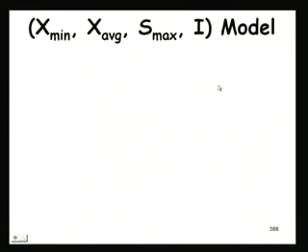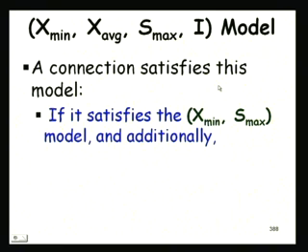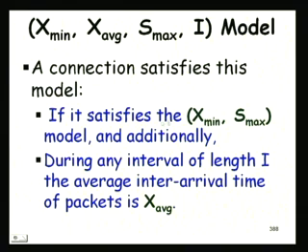Now, let us look at the Xmean, X average, Smax and I model. So, this can specify bursty traffic to some extent. Here it should satisfy the Xmean Smax, that is the bound on the average data.